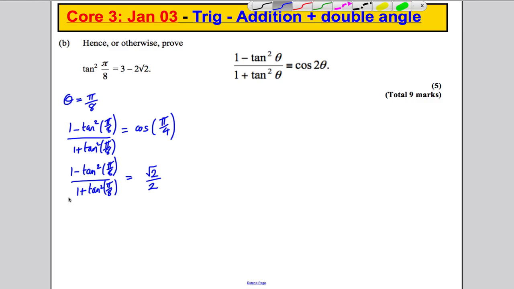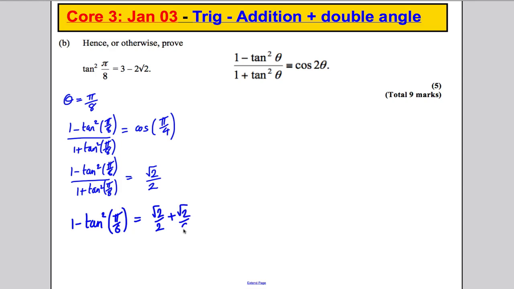So multiply both sides by 1 plus tan squared pi by 8. We would get 1 subtract tan squared pi by 8 is root 2 over 2 plus root 2 over 2 tan squared pi by 8.